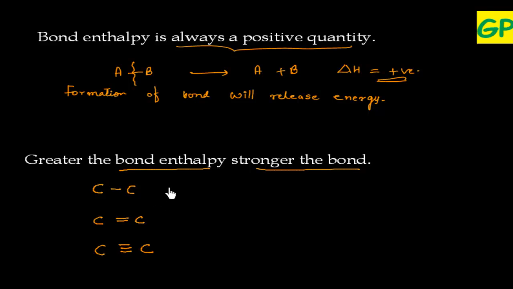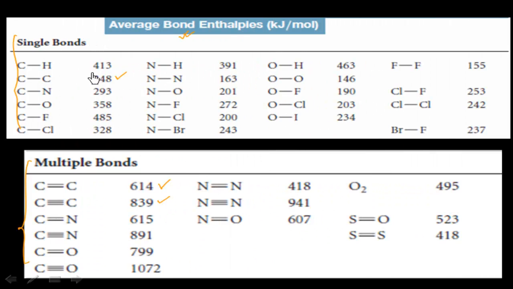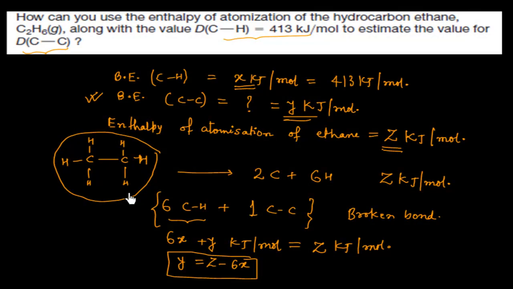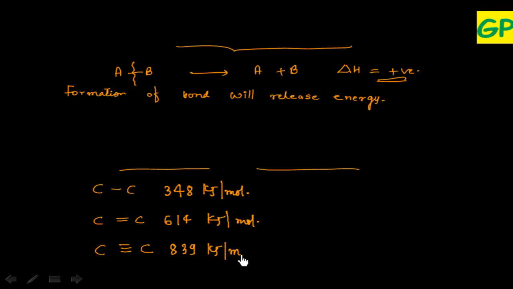For the bond enthalpy, you see the table on the previous slide: carbon-carbon single bond is 348, carbon-carbon double bond is 614, and carbon-carbon triple bond is 839 kilojoule per mole. So these are the energies.